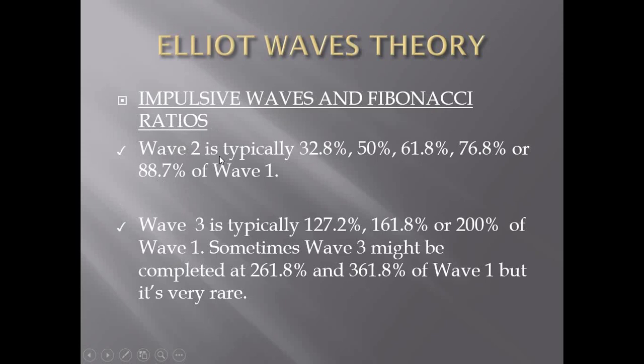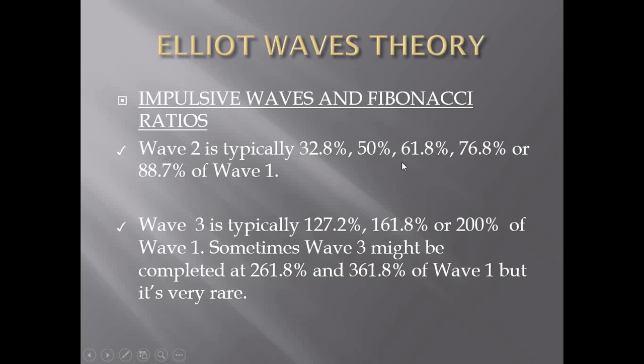So now let's go to the foundation guidelines of the Fibonacci ratios in the regular impulsive wave pattern. Wave 2 is usually completed around 38.2%, 50%, 61.8%, 76.8%, or 88.7%. So wave 2 can be completed around these areas.